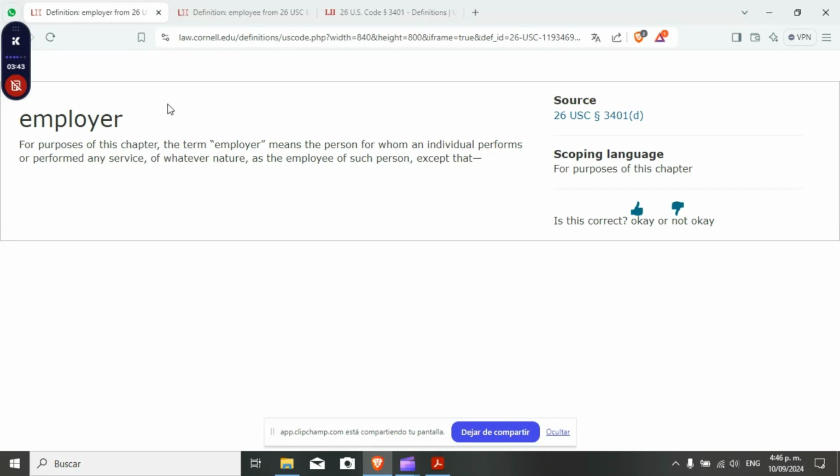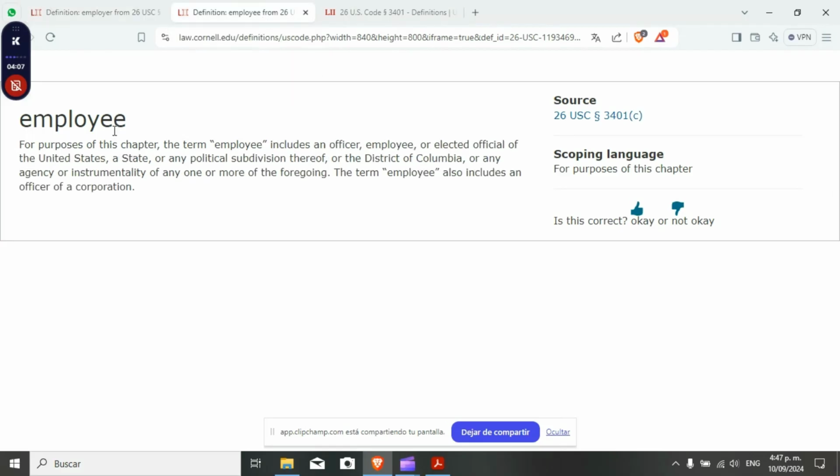But the reason this has a custom definition is because the whole premise and foundation of this definition is this word employee. So if you didn't know that this word employee has a custom definition, you wouldn't know that that's why the word employer has a custom definition. Now let's take a look at what the definition for employee is when it comes to everything tax related.